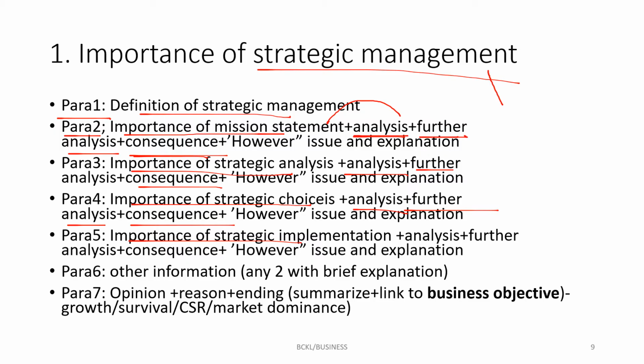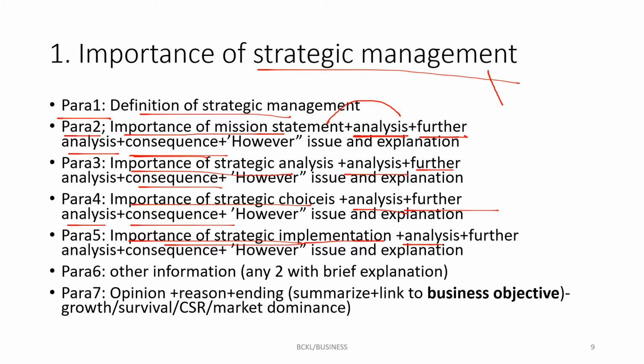And then however, etc. And then we move on to para 5, which is the importance of strategic implementation, allocating sufficient resources to put decisions into effect. And then you evaluate, you need to talk about the new strategies, the additional resources, how the resources need to be provided at the right time in sufficient quantities to allow the strategies to be effective.